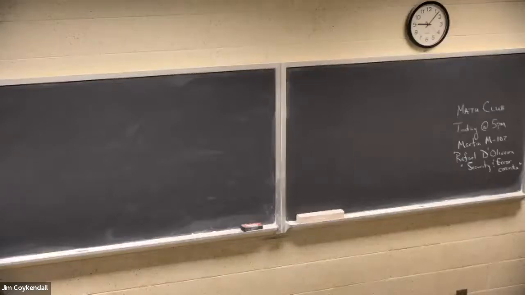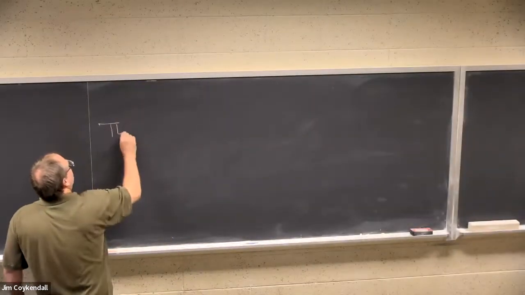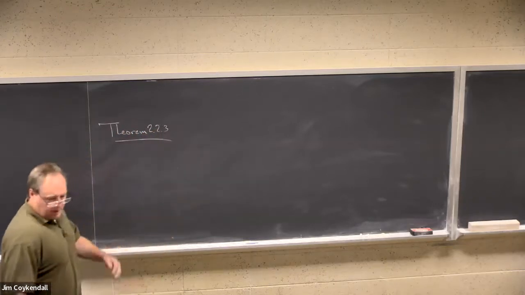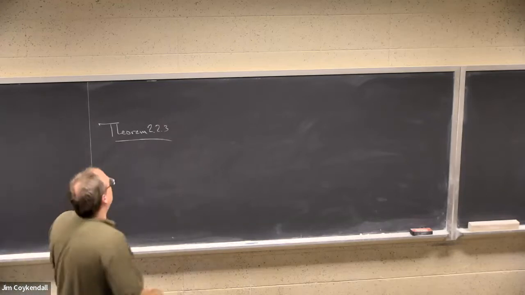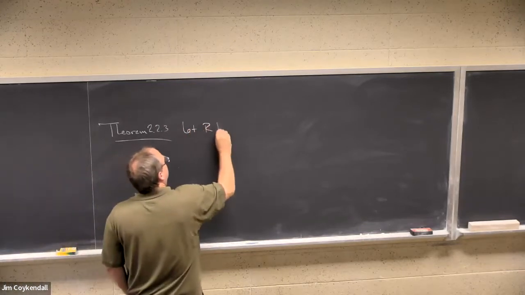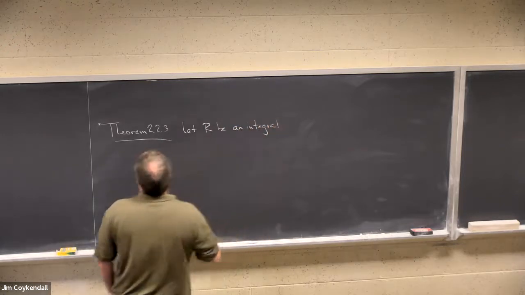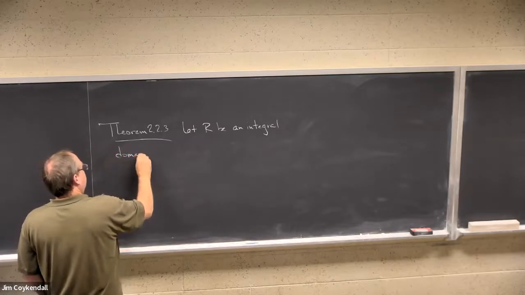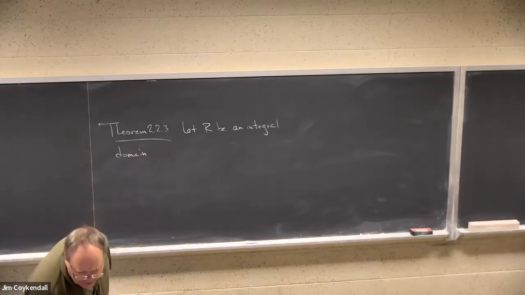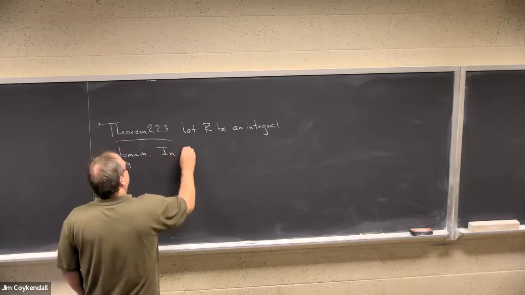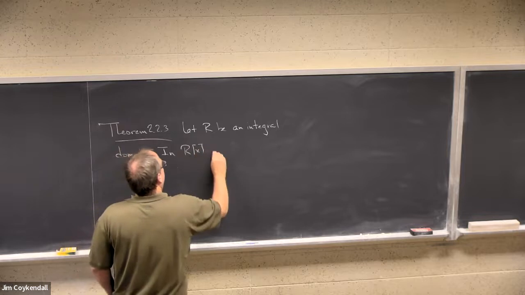All right, so the last thing we did is we talked about the Hilbert basis theorem, polynomials, the analog for power series. I'm going to get more into this later, but let R be a domain, then R[[x]] is a domain.